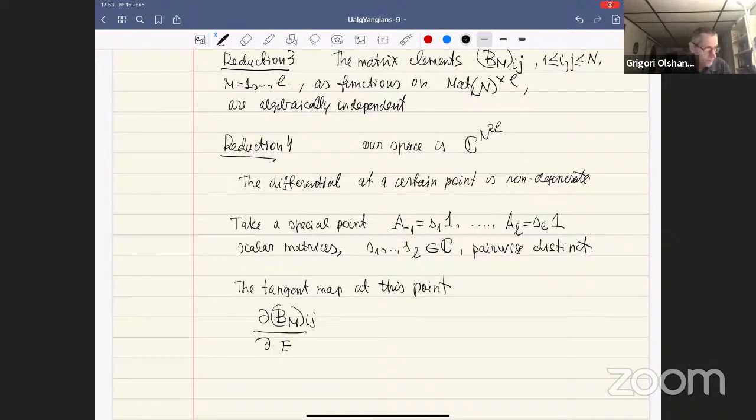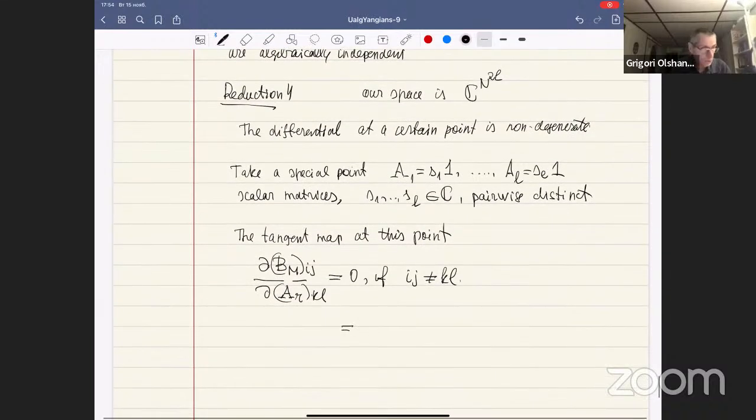This may be bad notation. Sorry, maybe it's better to write as follows. It's not difficult to see that this is equal to 0 if this index is distinct from this index. So actually, all this picture splits and becomes one-dimensional in a sense.